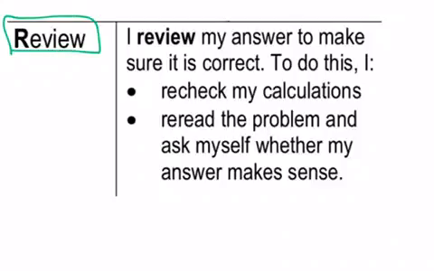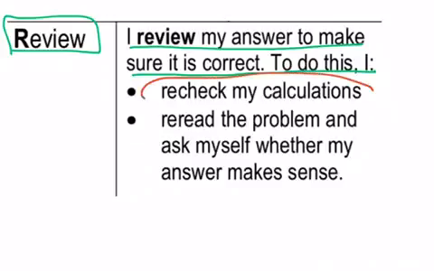Next, you're going to review the problem. I review my answer to make sure it is correct. To do this, I recheck my calculations. So you can put them back in a calculator, since that's mainly what we're going to be using. If you punch in one wrong number into the calculator, you're going to get the wrong answer.